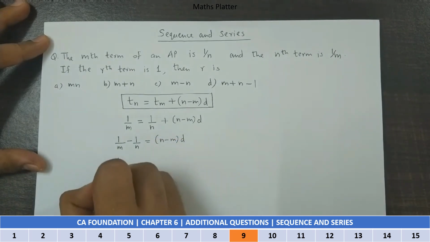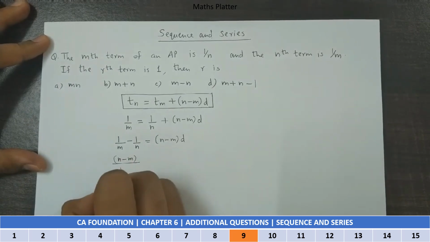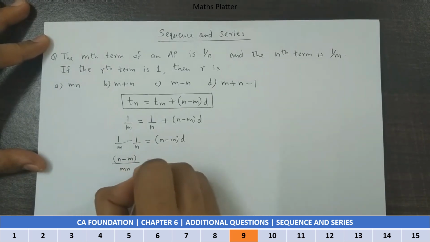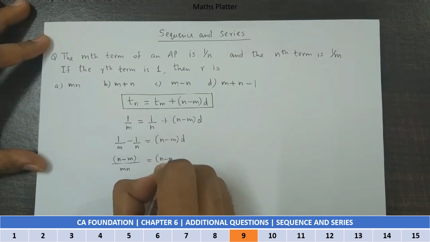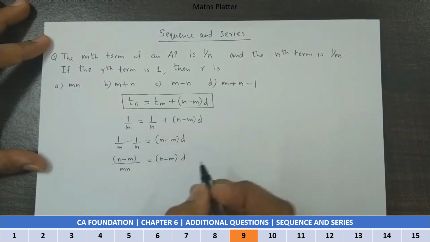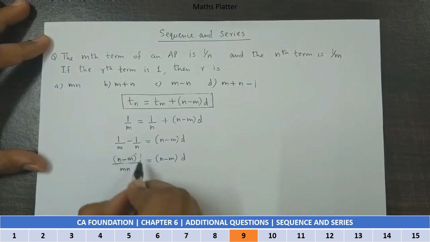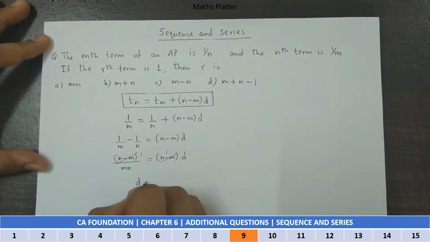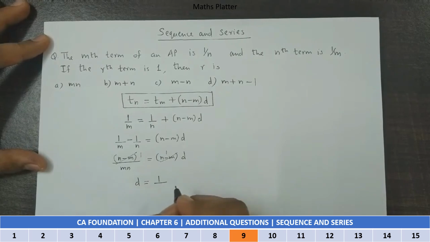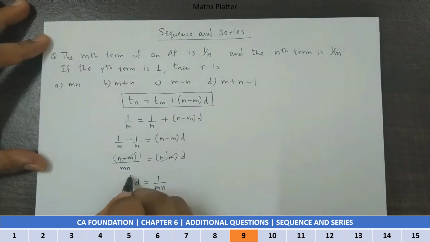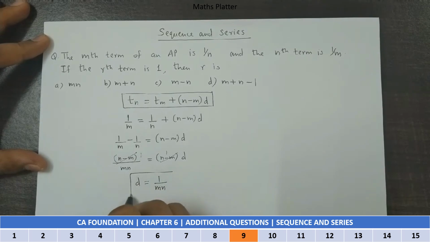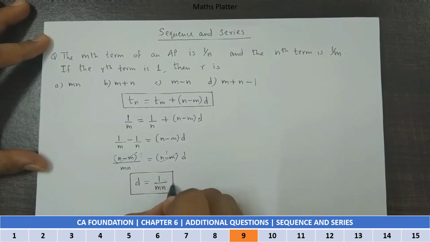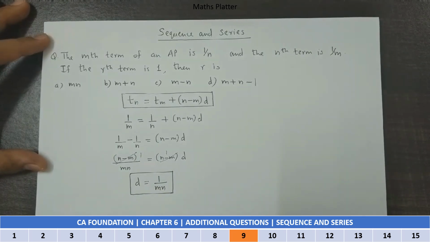We equalize the denominator, so we have n minus m upon mn is equal to n minus m into d. Now we can cancel this factor on both sides. So we have d is equal to 1 upon mn. So we have obtained the common difference, d is equal to 1 upon mn.